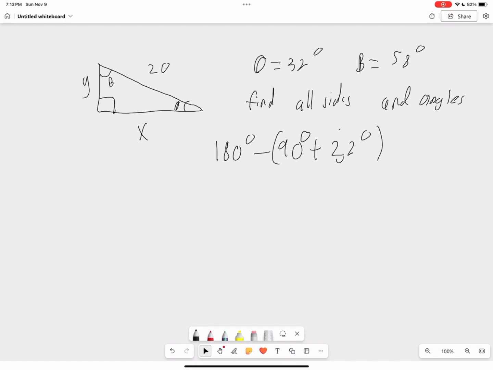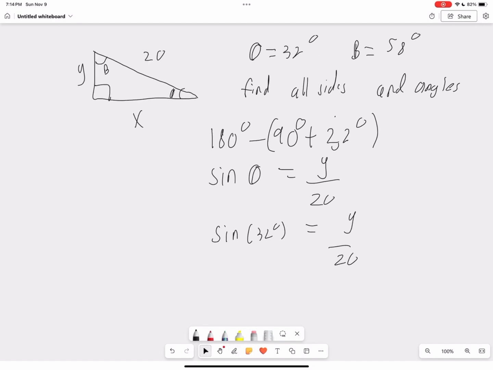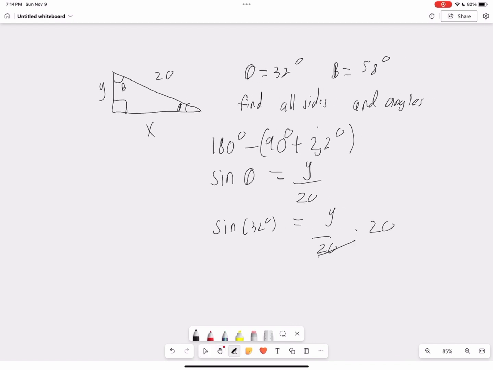We can use either angle, beta or theta, to solve for y. Let's use theta because we're used to that. Y is opposite of theta, and we have our hypotenuse. So that means we can do sine of theta equals y divided by 20, and theta is 32 degrees, so sine of 32 degrees equals y divided by 20.